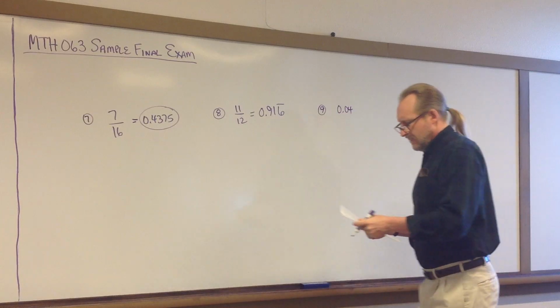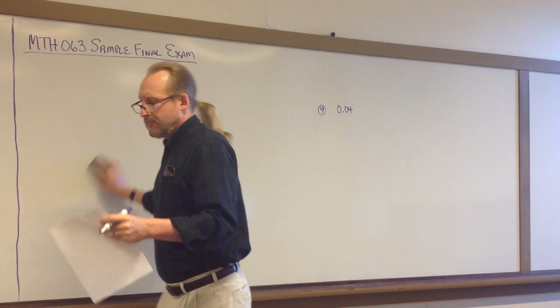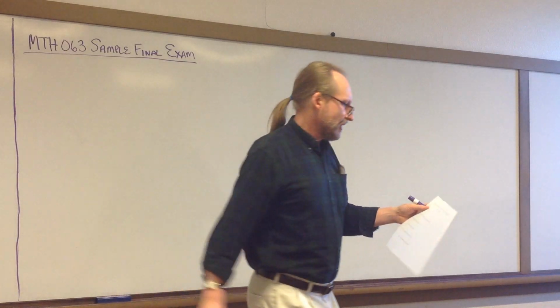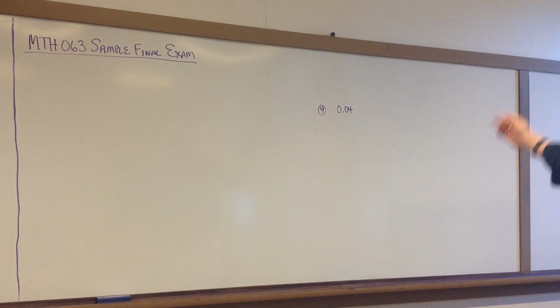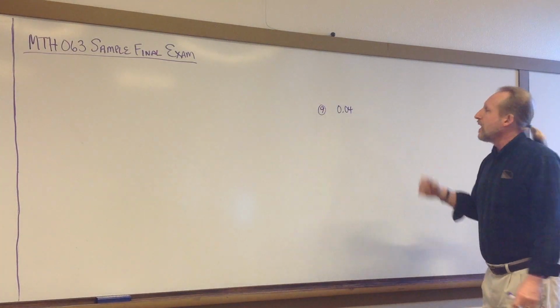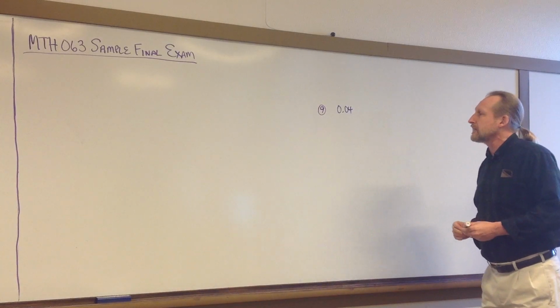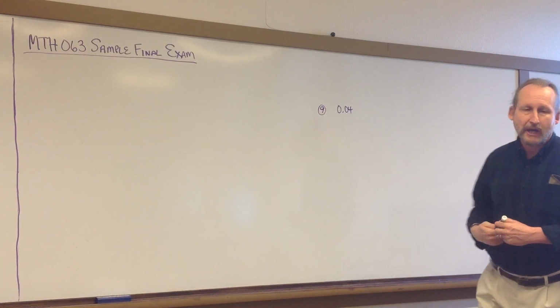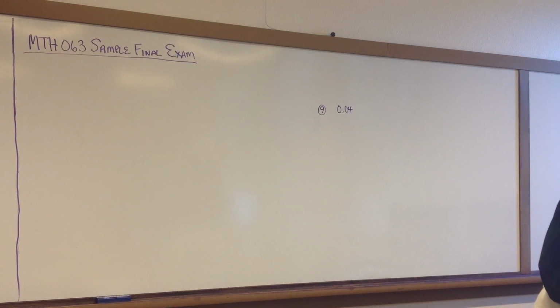0.04. Now, starting with problem 9, we want to convert the decimals into fractions. Express your answer in lowest terms. So again, most calculators will do this. They have a decimals to fraction function. The graphing calculator also has a decimals to fractions function, and that is in the math key.